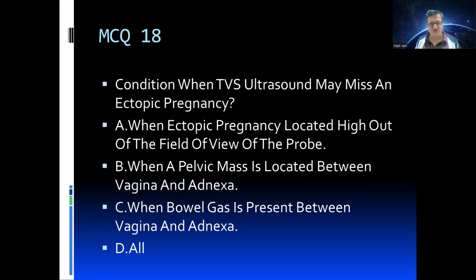If it is located high up out of the field of vision, or the pelvic mass is present between the vagina and adnexa, then you cannot see the ectopic sac. Or when there is bowel gas present between the vagina and adnexa, then also you are unable to see the ectopic pregnancy.